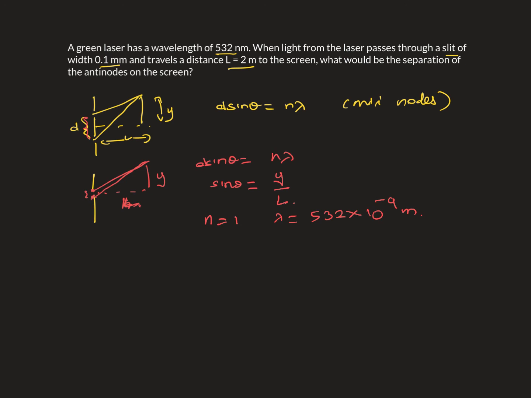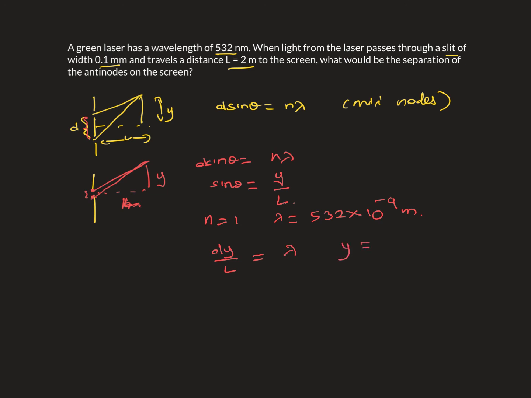And what else do we know? L is equal to 2 meter. So we are going to write this equation here. d sine theta is y over L. That means d y over L is equal to n lambda. So n is 1, so it's going to be lambda.